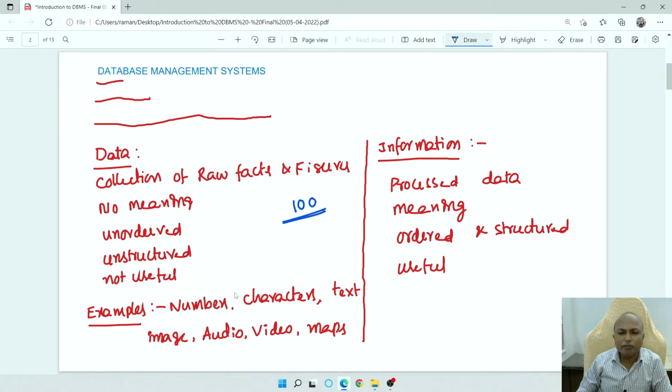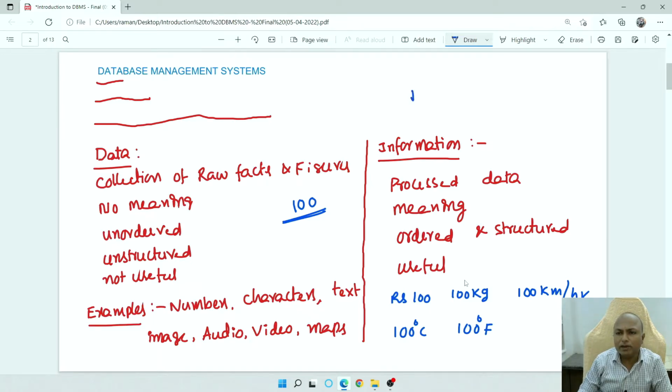That is the data. If you specify that 100, suppose rupees 100, there is a meaning. Suppose 100 kg, there is a meaning. Suppose 100 kilometers per hour. Otherwise, you can say 100 degrees centigrade. Otherwise, 100 degrees Fahrenheit.